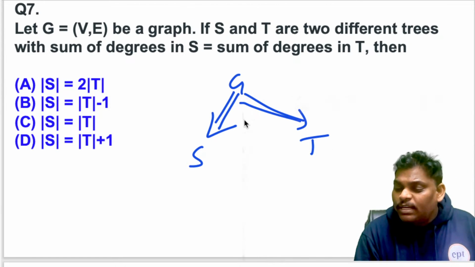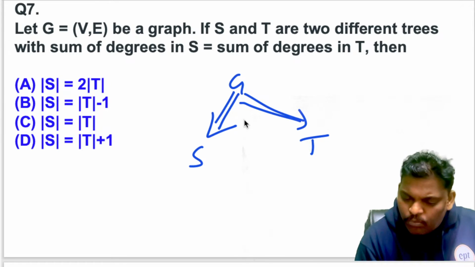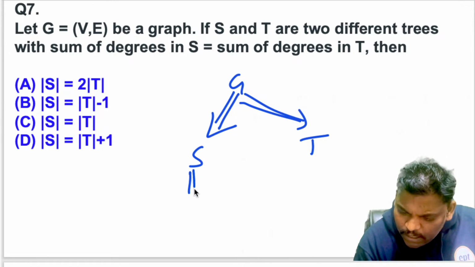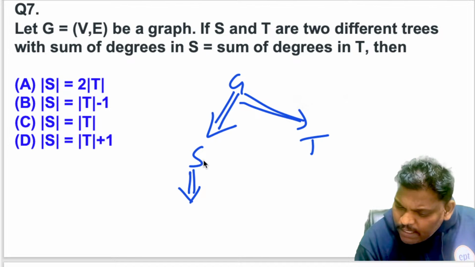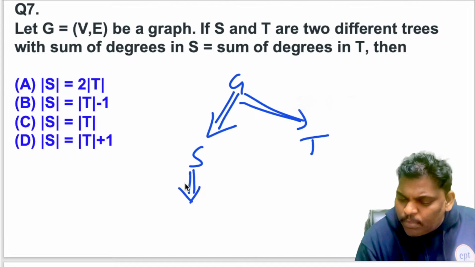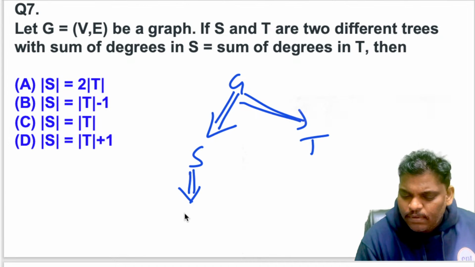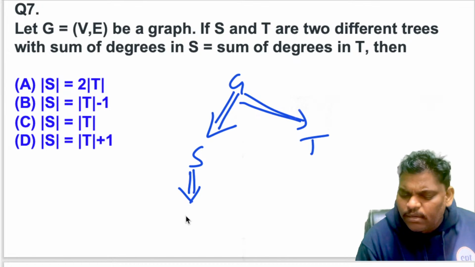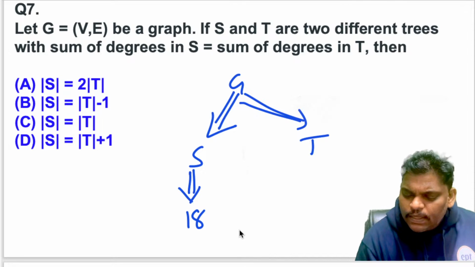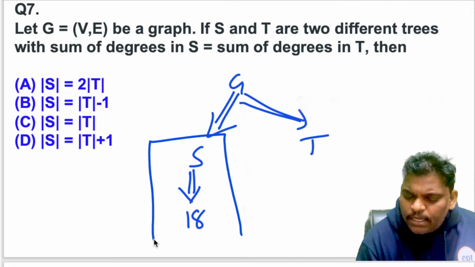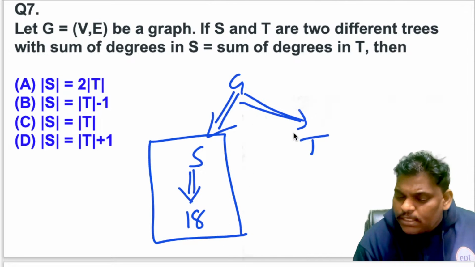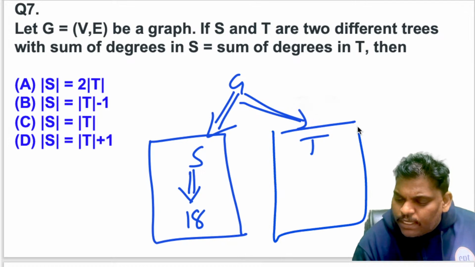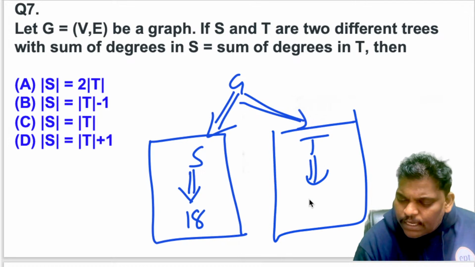In a tree, the sum of degrees is always even. Assume it is 18. In this tree the sum of degrees is 18, and in this tree also the sum of degrees is 18.